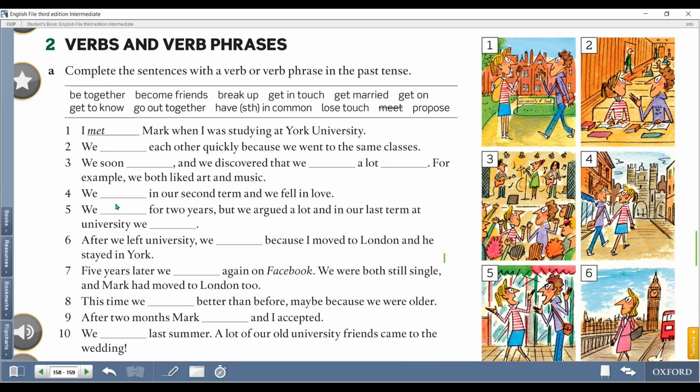We, in our second term, and we fell in love. Maybe got in touch or got to know.